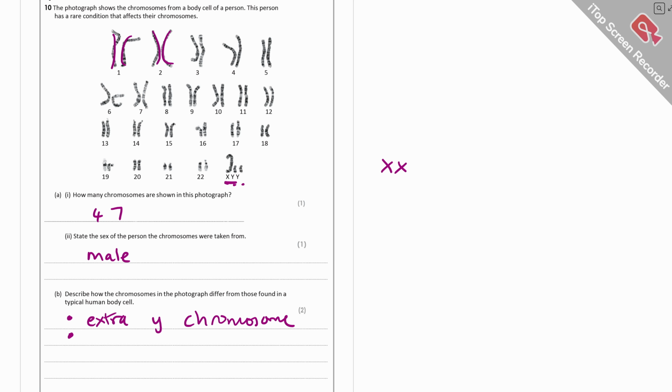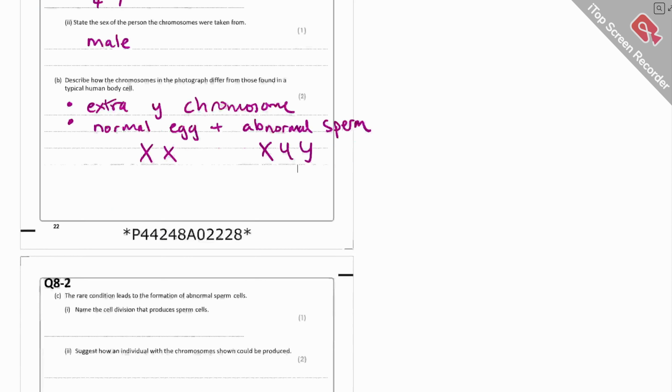Because a normal egg fertilized with an abnormal sperm. So an egg would have been like this, and a sperm might have ended up with X, Y, Y, and the two Y's might have gone across. Right, okay, that's pushing it a bit.